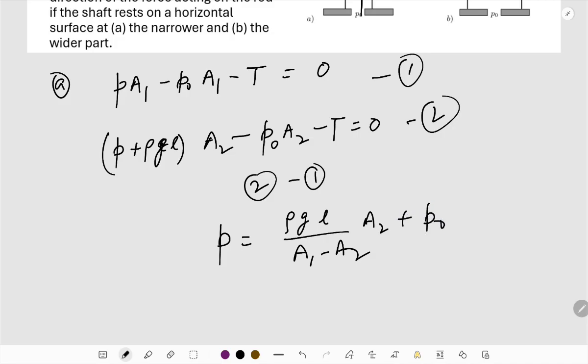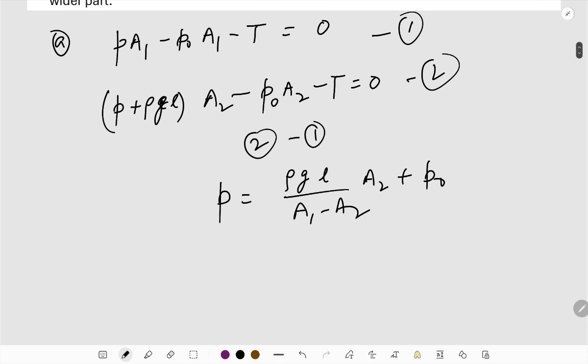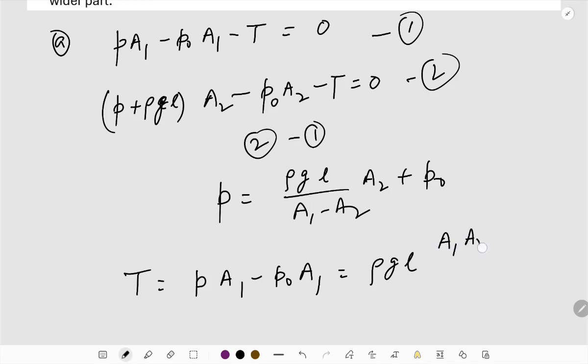This is the pressure, but we haven't found the value of tension yet. To find the tension, you can put this value of P in any of the equations. Suppose you put this value of P into equation 1, then you are going to get T equals P A1 minus P naught A1, and just put the value of P here, and you will get rho GL A1 A2 divided by A1 minus A2, and that is the tension in the first case.